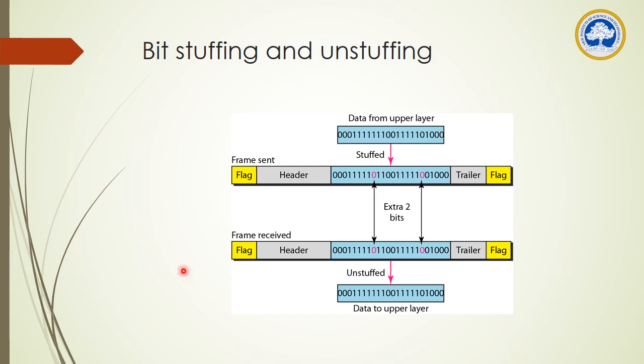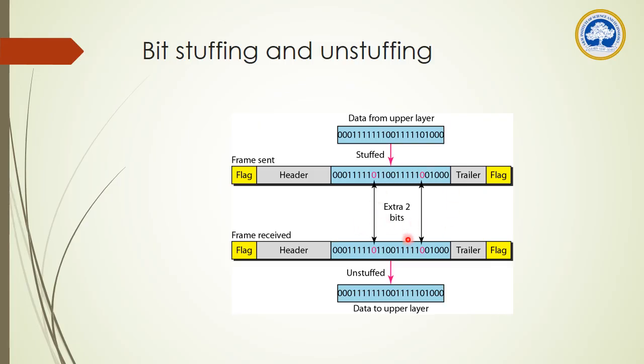Then again after 5 consecutive ones, another 0 bit will be stuffed. So 2 extra bits will be associated with this frame. When the receiving device receives this frame and encounters a 0 after 5 consecutive ones, it will remove it to maintain the original frame.